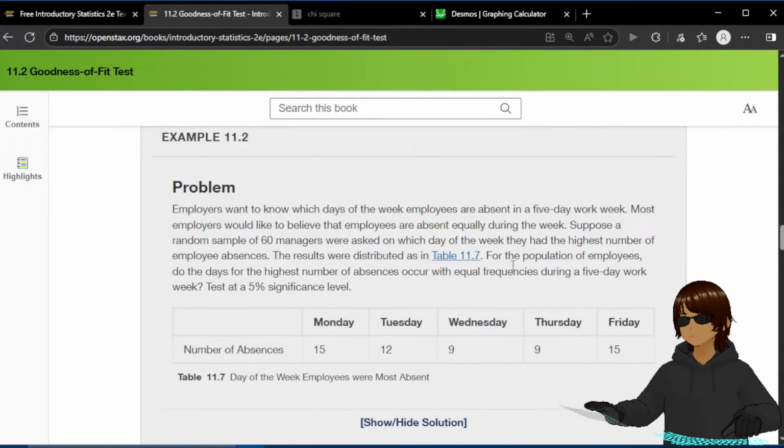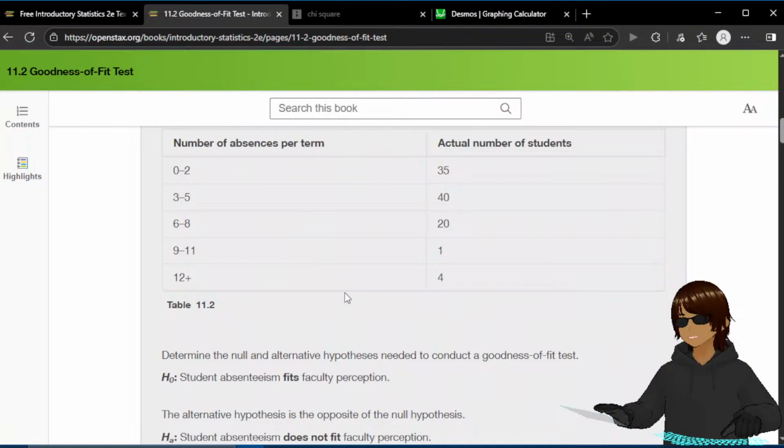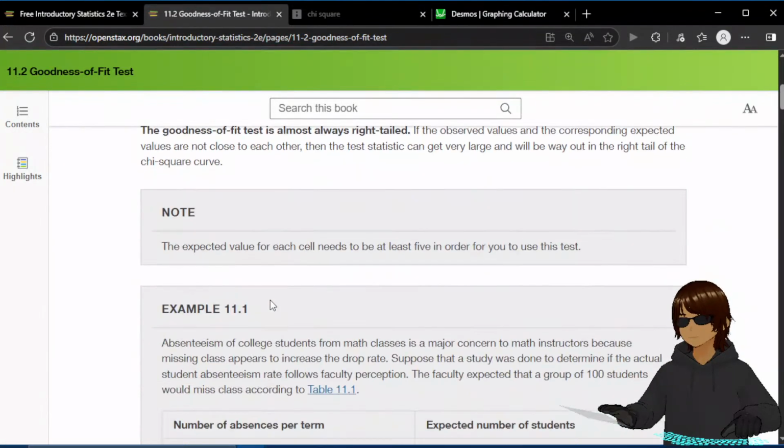For the population of employees, do the days of the highest number of absences occur with equal frequencies during a 5-day work week? Test at a 5% significance level. Before I do that, I just want to check one thing.